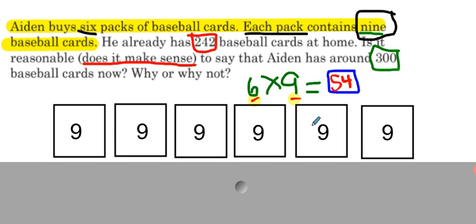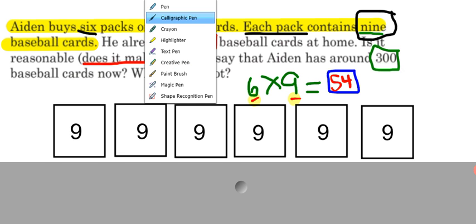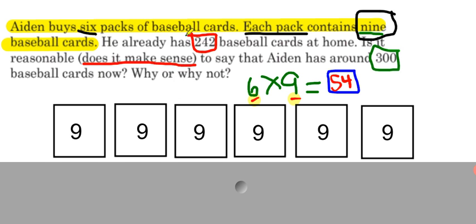54. Okay. Now, I'm going to continue going back to the problem because I want to make sure that I am really understanding what it says. He already has 242 cards at home. So he bought 6 packs of 9 baseball cards, right?